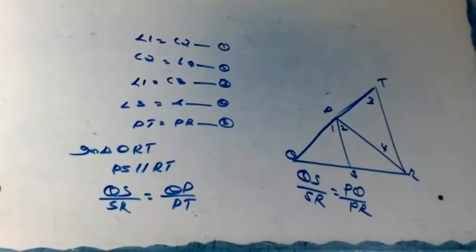Listen: draw a line through R parallel to SP, which intersects at T when QP is extended. Proof: angle 1 equal to angle 2, given.